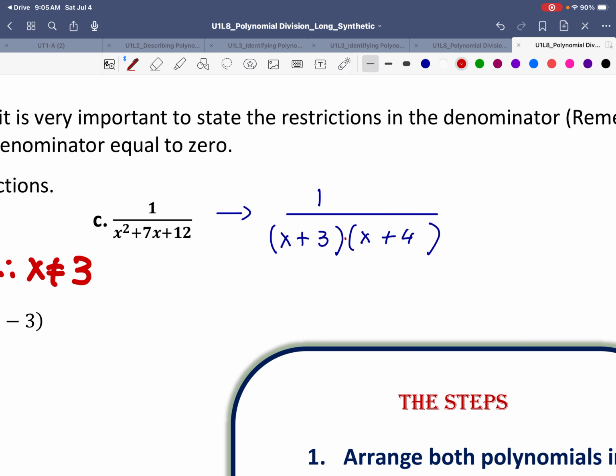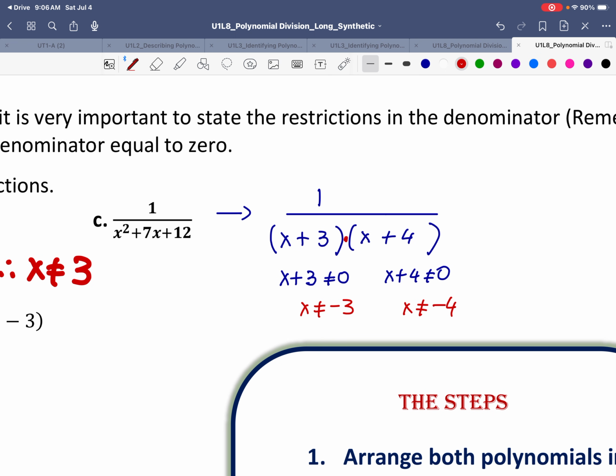If either one becomes 0, it makes the denominator 0. We'll say that x + 3 has to be different than 0 and x + 4 different than 0, which will make for two restrictions: x different than -3 and different than -4.